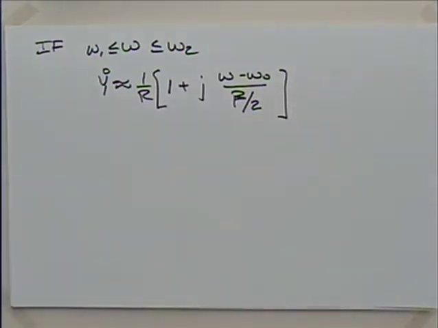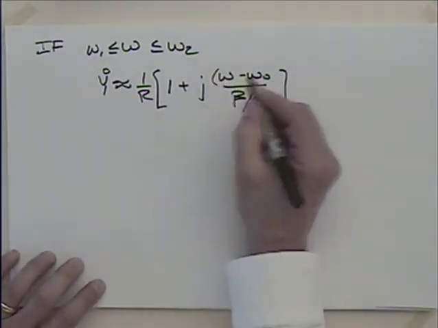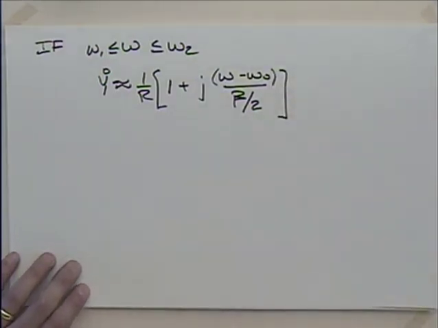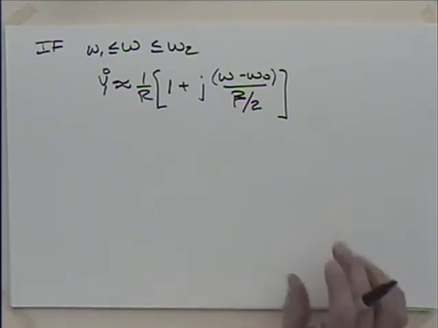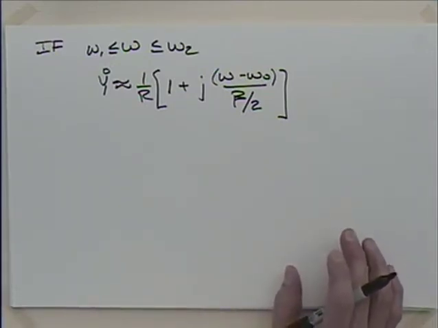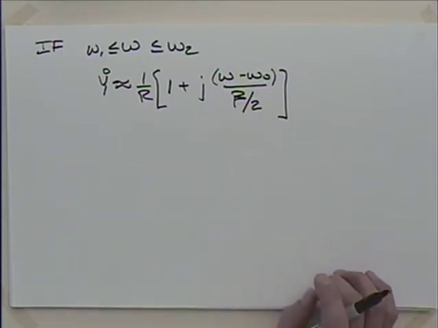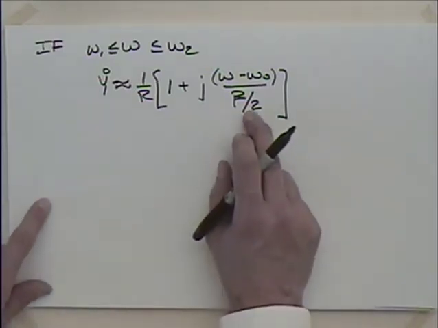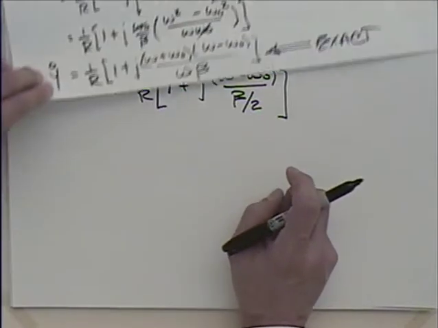Okay, 1 plus J, omega minus omega naught, the bandwidth over 2. Which you can see is a lot easier calculation. A lot of times these approximations came from when we didn't have calculators, and if you were doing this by hand or with a slide rule or a piece of scratch paper, this was a welcome relief from this one over here.